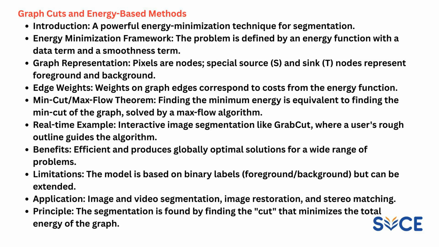The next is the smoothness term, right? This part of the energy penalizes solutions that have jagged or non-smooth boundaries. It encourages pixels that are next to each other to have the same label, for example, car or background, unless there is a good reason for them to be different.